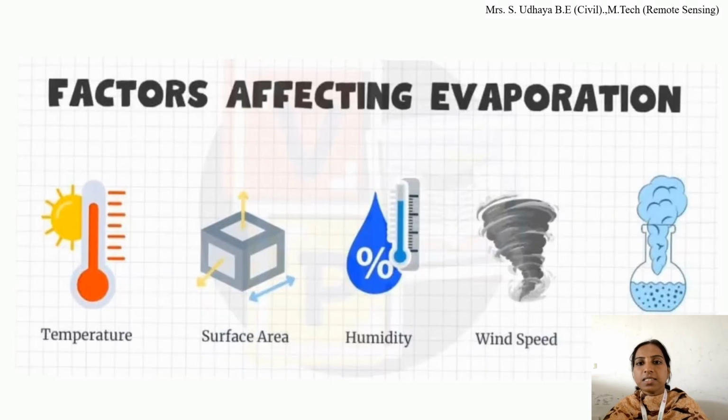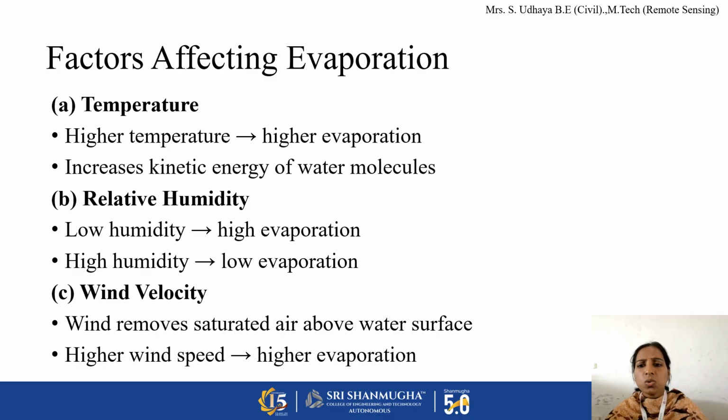There are certain factors which affect evaporation. Let us discuss these factors in brief. Temperature plays a vital role, along with surface area, humidity, wind speed, and boiling temperature. These are the basic factors which increase or reduce the evaporation rate. As the atmospheric temperature increases, the evaporation rate increases, because the increase in temperature also increases the kinetic energy of water molecules, so they escape very fast from the surface.